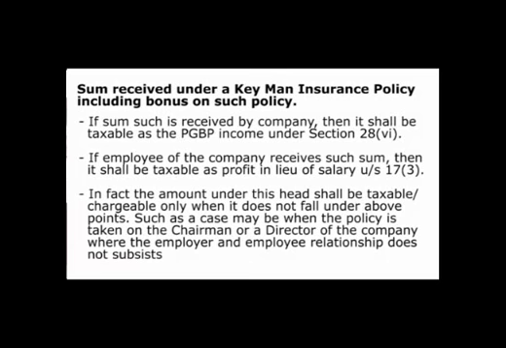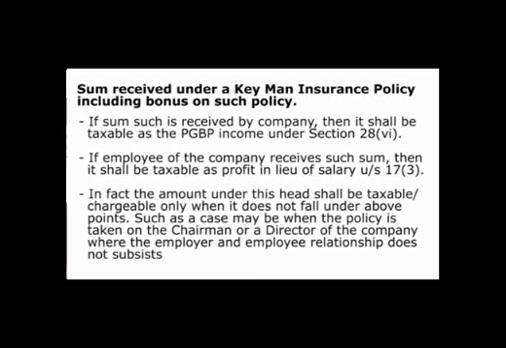Now if the employee of the company receives such amount on account of Keyman Insurance, then naturally it will be taxable as a profit in lieu of salary under section 17 subsection 3. In fact, the amount under this head shall be taxable or chargeable only when it does not fall in any of the aforesaid two categories. Now what can be that situation?